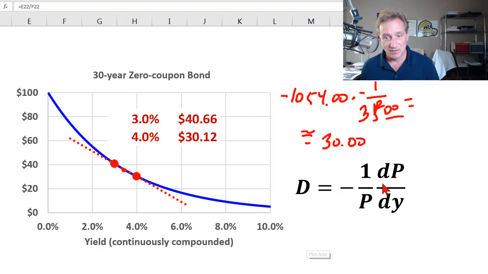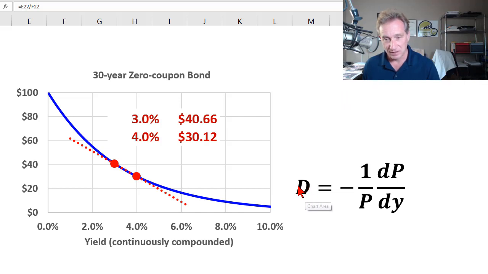And then the negative converts this into a positive, such that by convention, a positive duration is what we expect with the vanilla bond, such that an increase in yield is associated with a decrease in the price of the bond. You can see mathematically that's a negative relationship, such that this derivative here is negative, but the negative here translates that into our normal expectation for the definition of a duration.